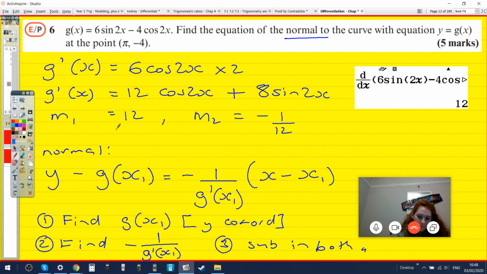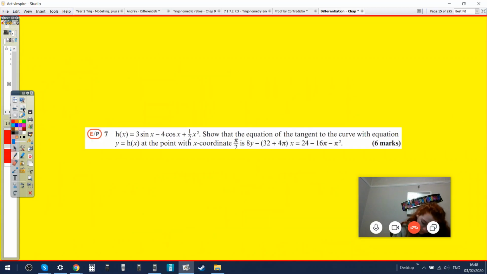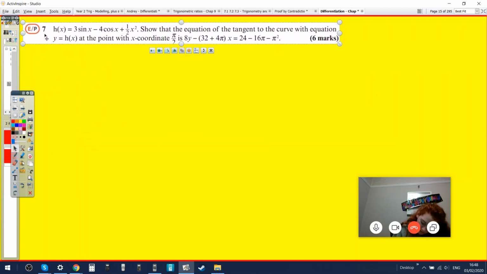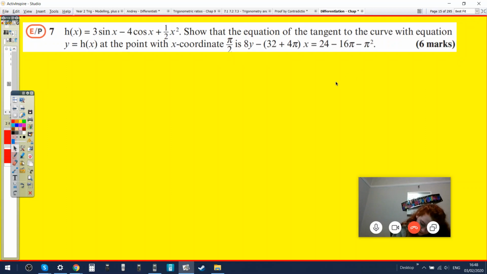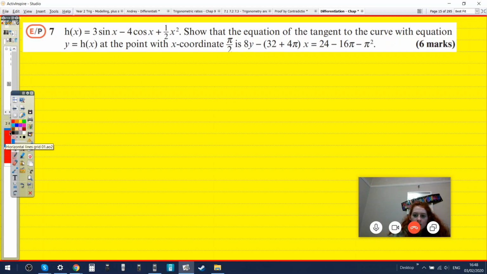Okay. Any other questions there? No. Okay. Let's just see this one. They said the x coordinate is pi over 2. Is it worth trying to see what gradient you get using your calculator? Yeah. How would I do that?